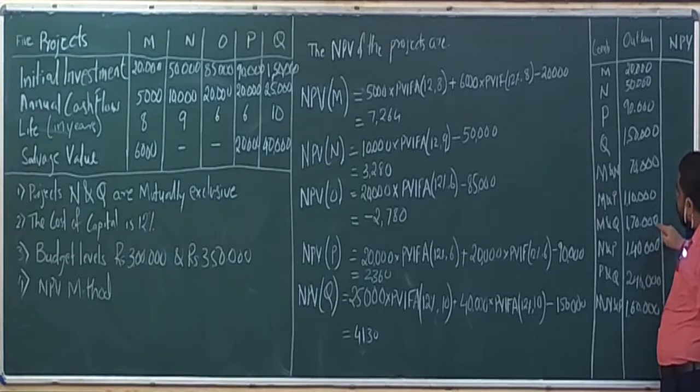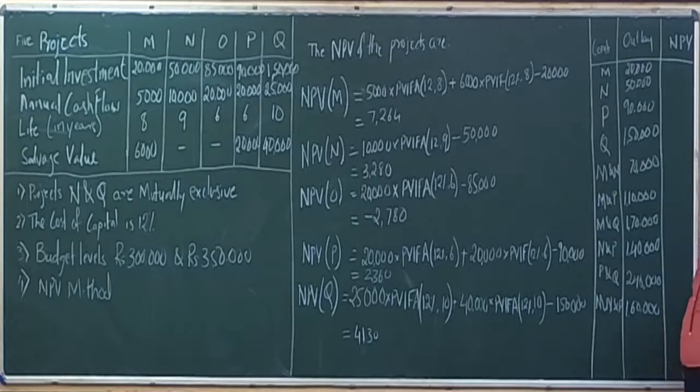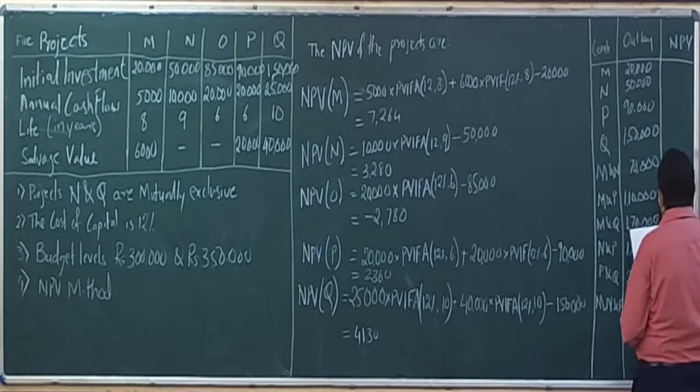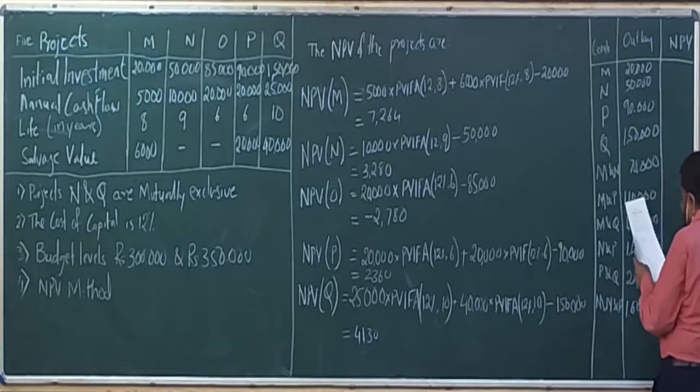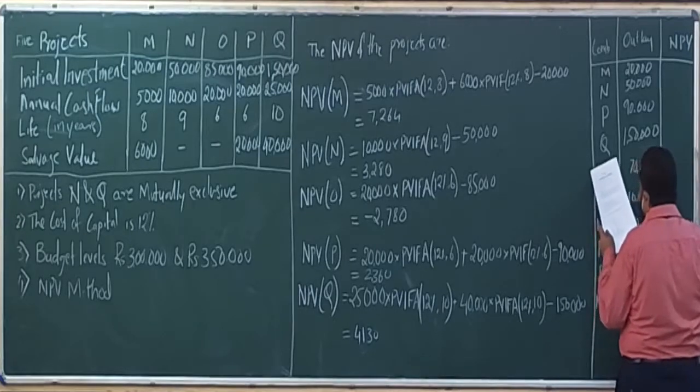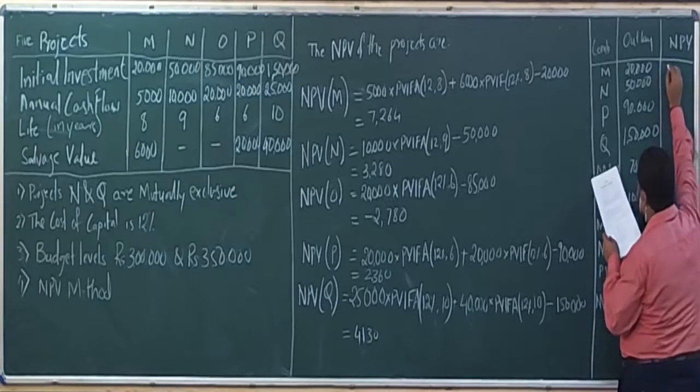Similarly, you add for project M and Q, N and P, as well as P and Q, and M, N and P. So if you add their outlay, you will get these values as the outlay for these combinations of projects.